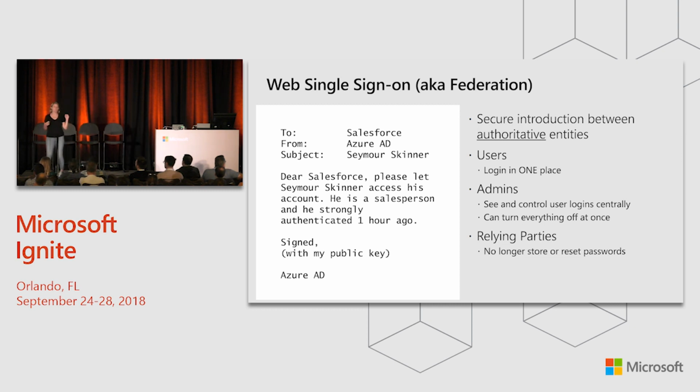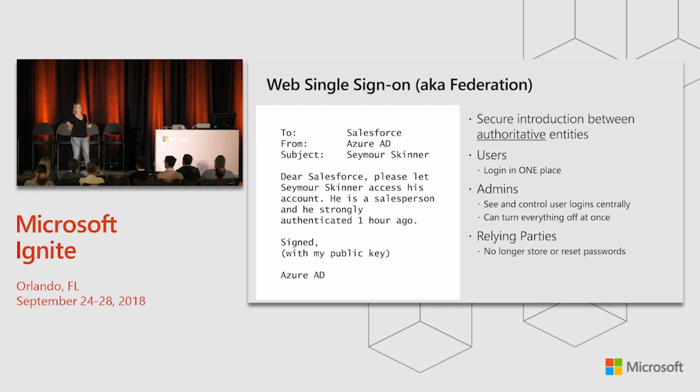Federation is two authoritative parties agreeing to trust each other and then sending messages about users, right? So when I want to go to Salesforce, for example, I may start at Salesforce, or I might start at my little app launcher page or wherever it is, right?